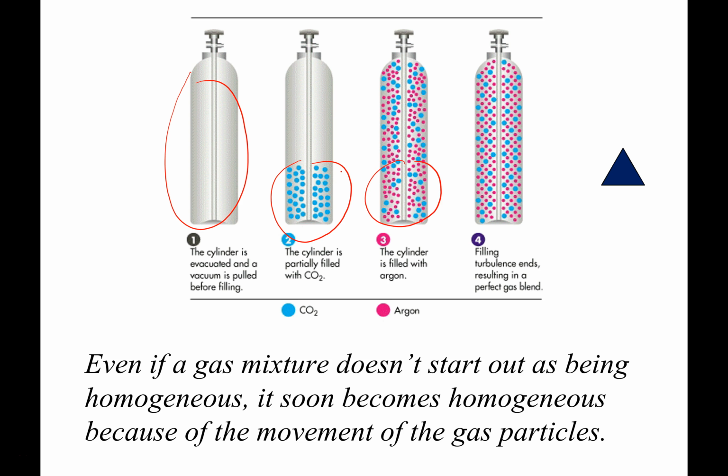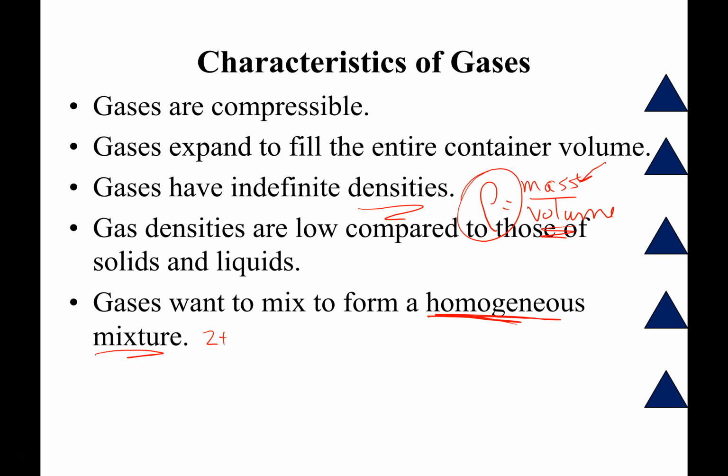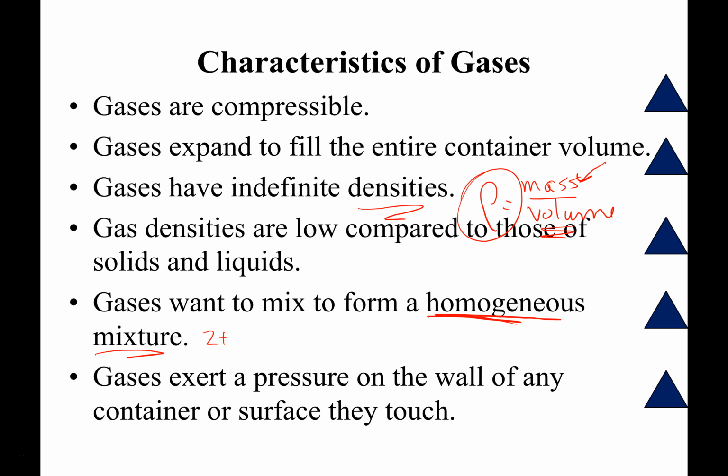So the CO2 is blue, the argon is pink. If you give it enough time, can you see where this is a homogeneous mixture? It's the same throughout. Let's see, what else do we got? That makes sense because those gas particles are totally moving. They have a lot of kinetic energy. They're going to randomly go and make a uniform mixture.